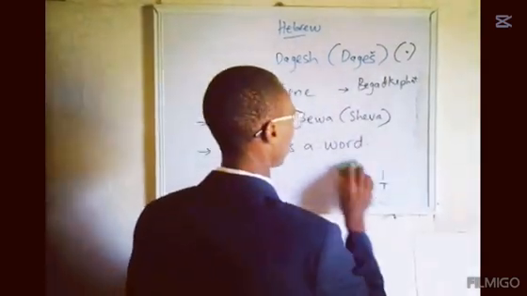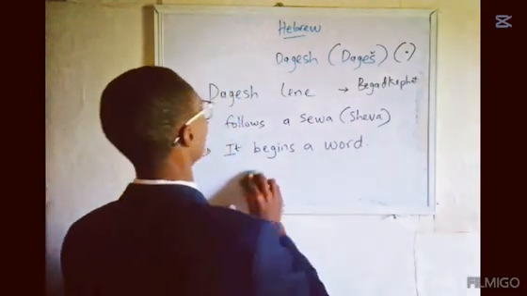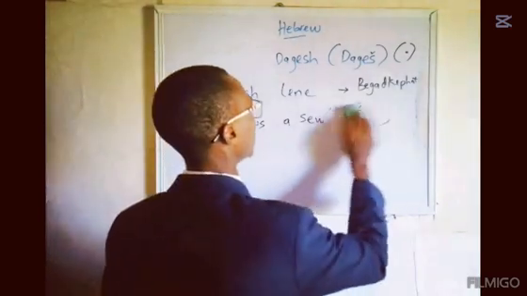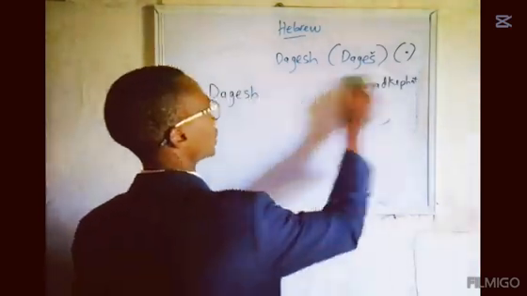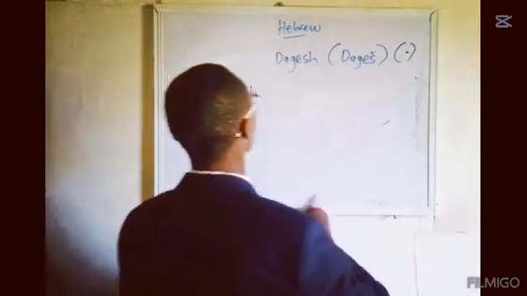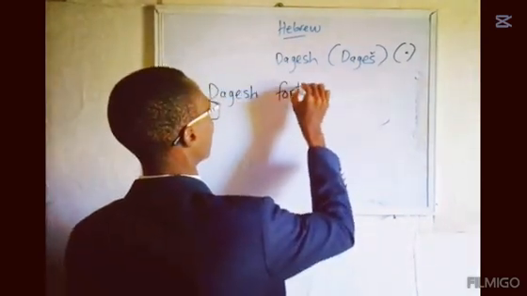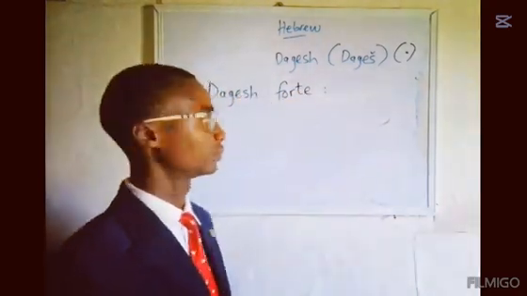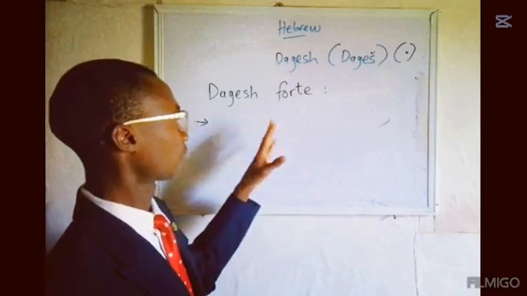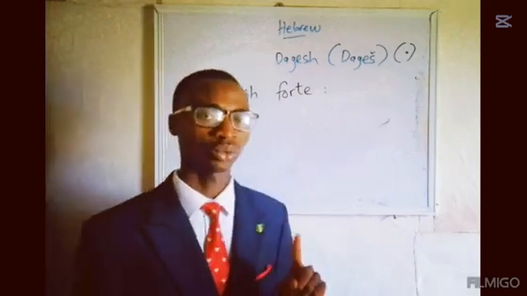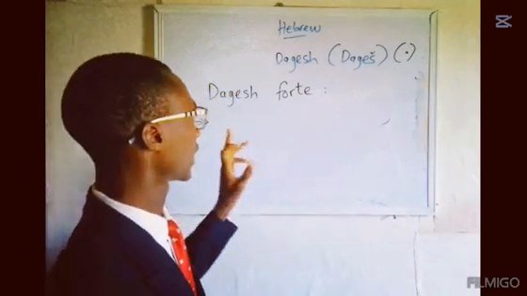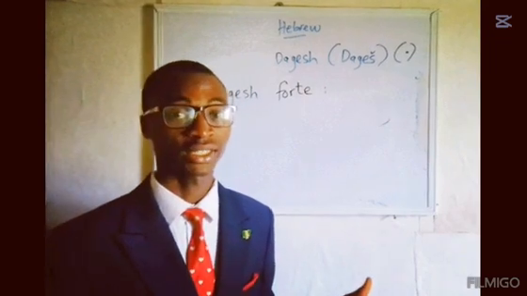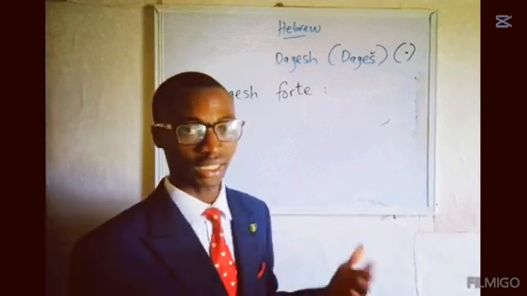Alright, so that's it. Then we still have another word to show. For instance, when we move to the Dagesh Forte, how do we understand the Dagesh Forte? Now, Dagesh Forte, as I've said, you can't find Dagesh Forte after a Sheva. And one of the things to really know Dagesh Forte is that it is found in letters that are not Begadkefat letters.